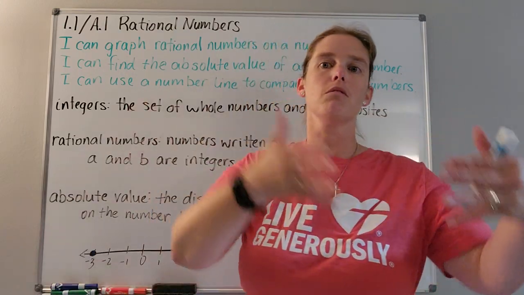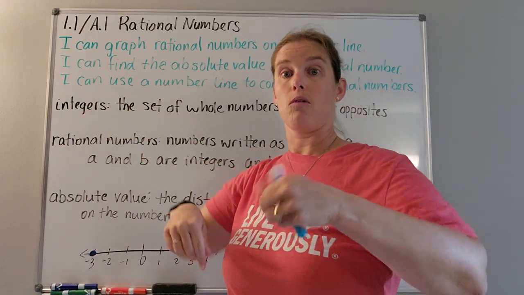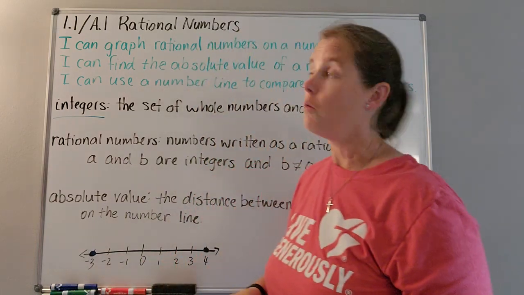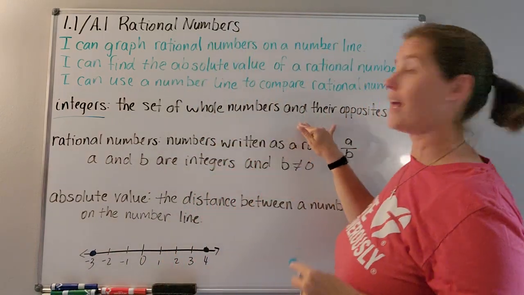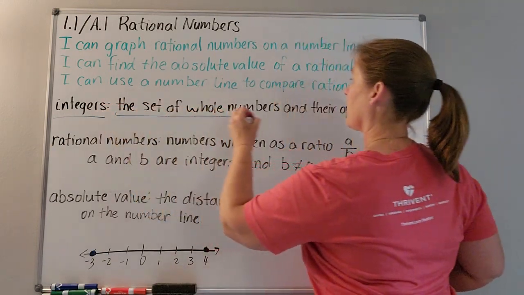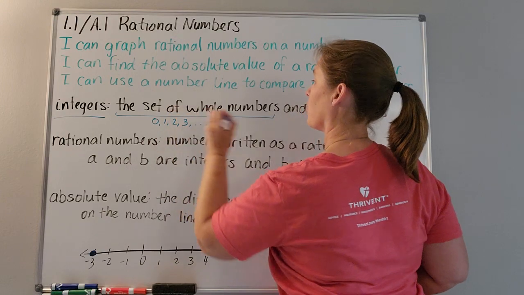And even before we do that, we have to talk about integers, because integers make rational numbers. So integers, as you hopefully know, are the set of whole numbers and their opposites. So whole numbers, that's 0, 1, 2, 3, and so on.